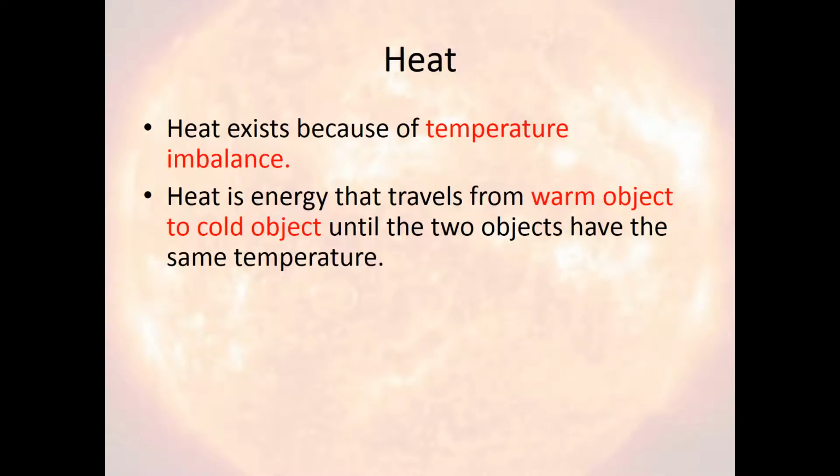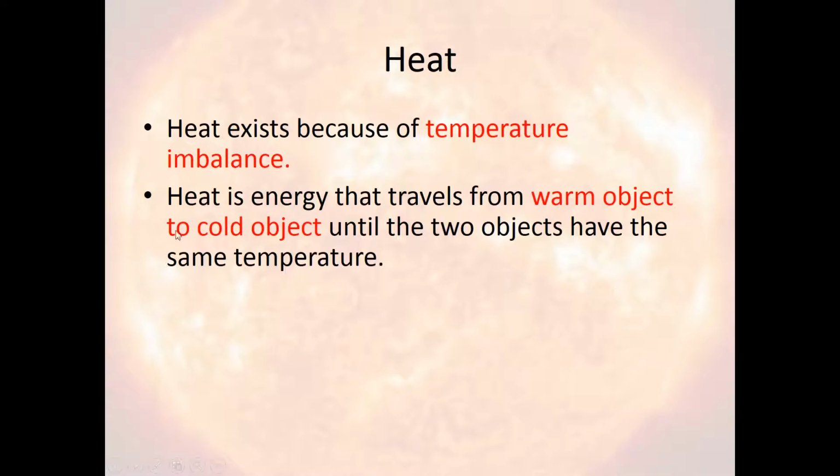And in this case, heat is energy that's moved from the warm object to the cold object until the two objects have the same temperature. So when we talk about heat, heat exists because two objects don't have the same temperature, and then heat travels from the warm object to the cold object.